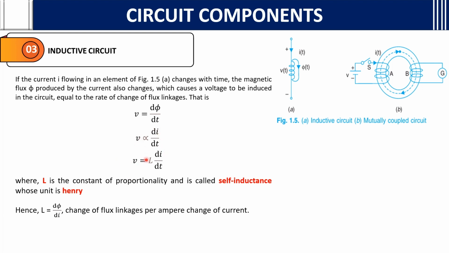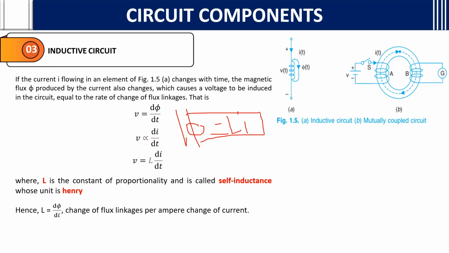Here phi is equal to Li. Flux is equal to L into I, L into current. L is a proportionality constant, the self-inductance, into I. Here this you need to remember, V is equal to d phi by dt.